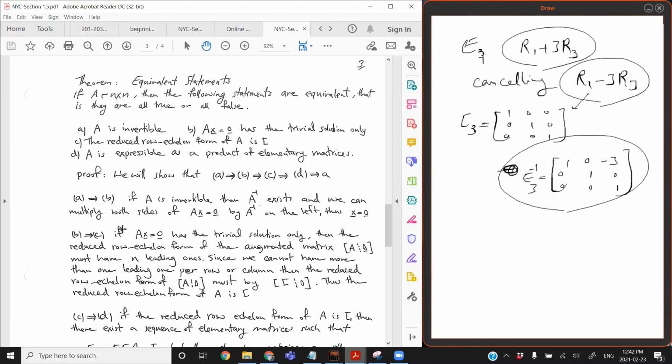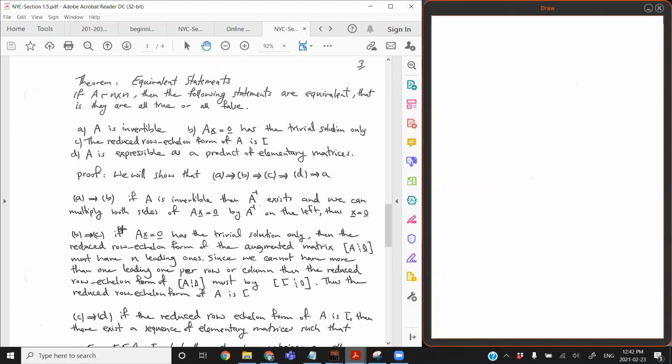That's the meaning of equivalent statements. And as we go on in the semester, we're going to add some more statements to these 4. It says if A is an n by n matrix, then the following statements are all true or they're all false.